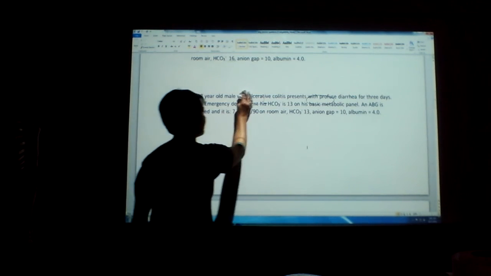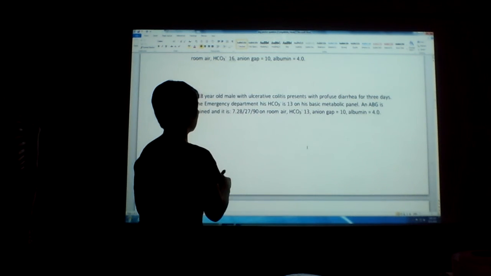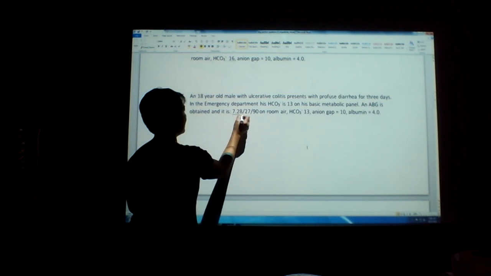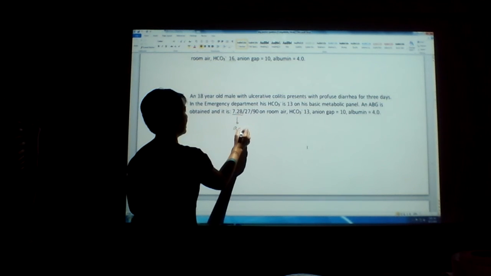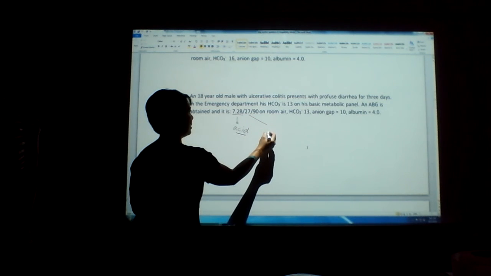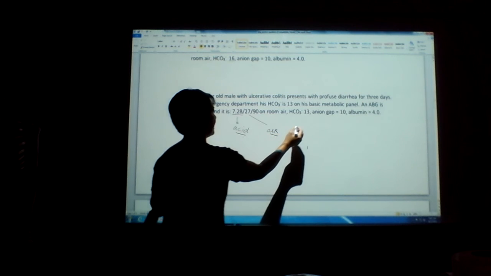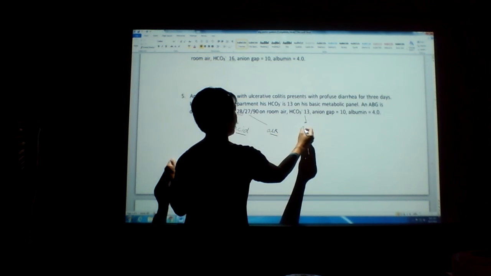18-year-old, ulcerative colitis. I'm also going to say metabolic just by looking at the problem. Let's look at the pH. This one is low, so acidosis, right? The PCO2 is low, so that's alkalosis. And then the bicarb is low, so acidosis.